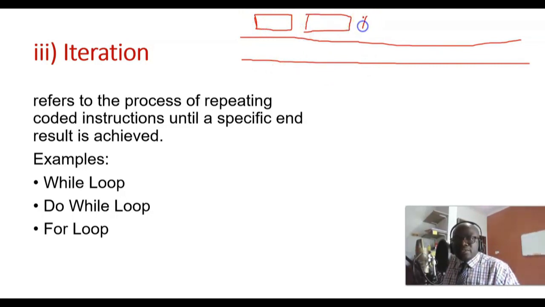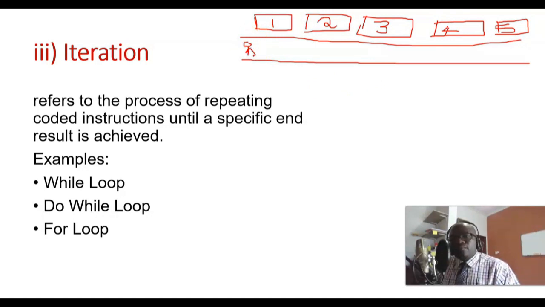So these are houses, and each of these houses has a house number: 1, 2, 3, 4, 5. The person starts walking from here, and you want this person to be guided using a program. Let's say the house the person is looking for is this one here, number 5.